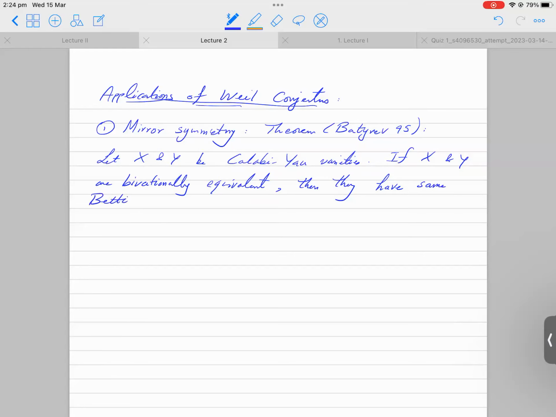And the way Batyrev proved this was using the Weil conjecture. And this was one of the major mathematical manifestations of mirror symmetry, which actually, this was the exact theorem that led Kontsevich to his theory of motivic integration, because he wanted to give a proof of this theorem that didn't use the Weil conjecture.